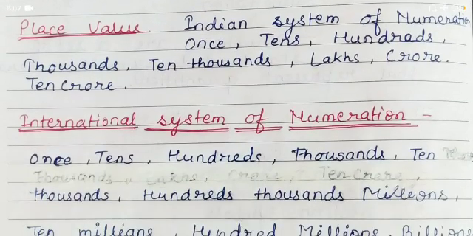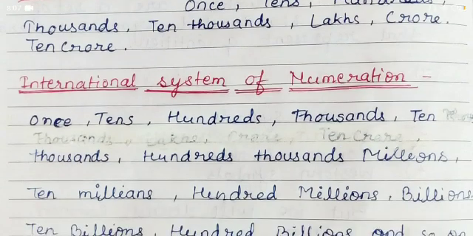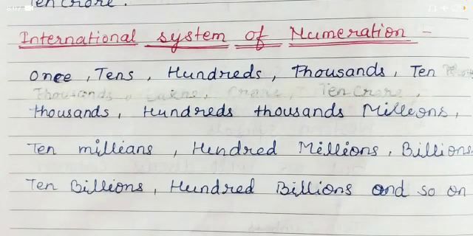Now students, the international system of numeration also has places: ones, tens, hundreds, thousands, 10,000, 100,000, millions, 10 millions, 100 millions, billions, 10 billions, 100 billions, and so on.